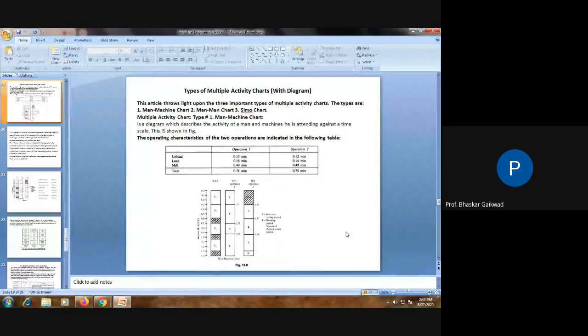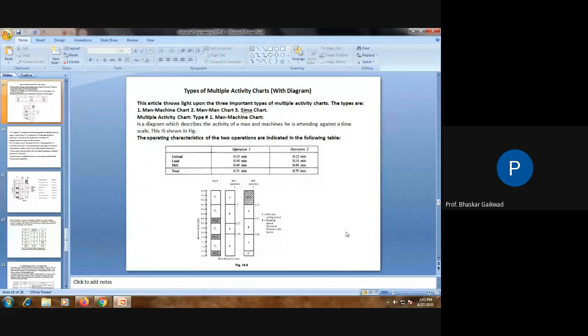First operation, that is the loading of the job, 30 minutes. Then the milling operation, 40 minutes. So unloading, loading and milling, total time here is 0.71.